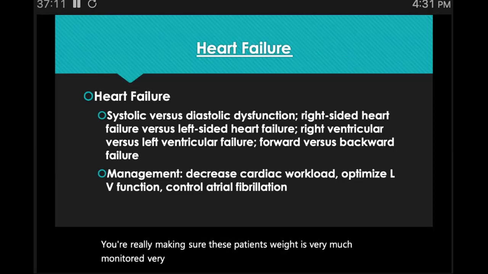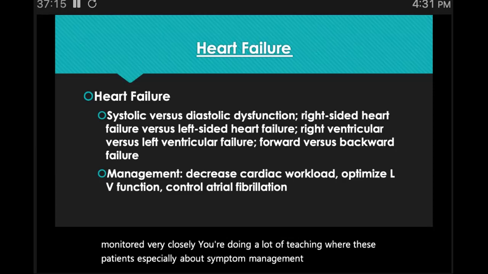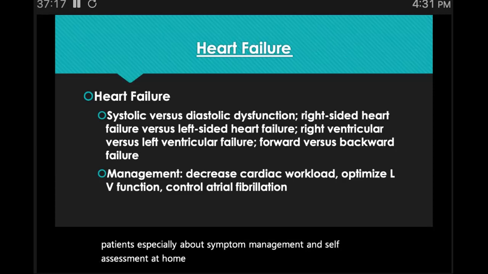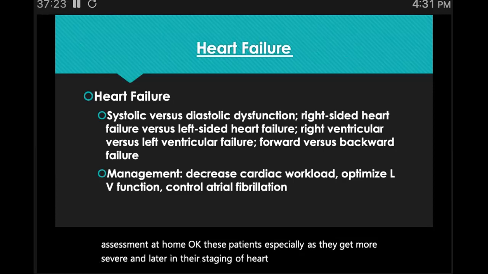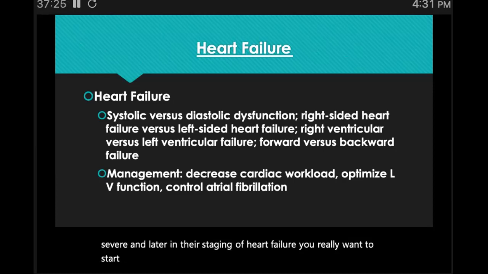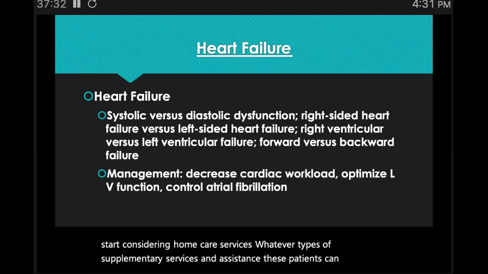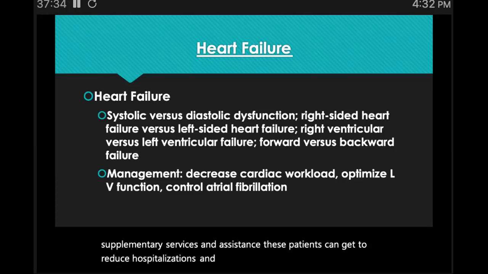You're doing a lot of teaching with these patients, especially about symptom management and self-assessment at home. As patients get more severe and later in their staging of heart failure, you really want to start considering home care services, whatever supplementary services and assistance these patients can get to reduce hospitalizations and heart failure exacerbations. That is really critical to put in place for these patients.